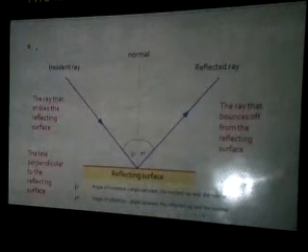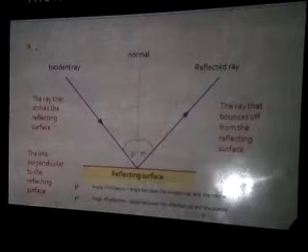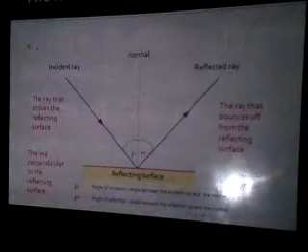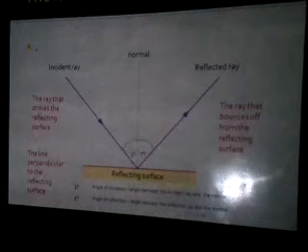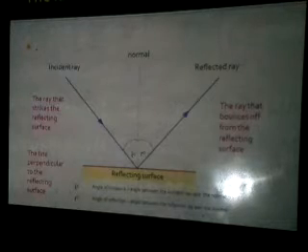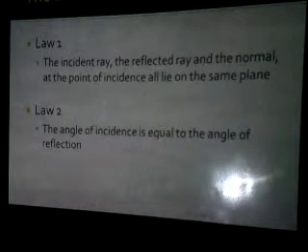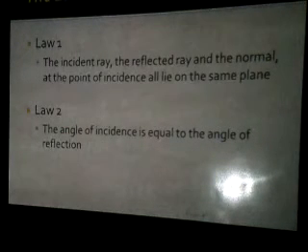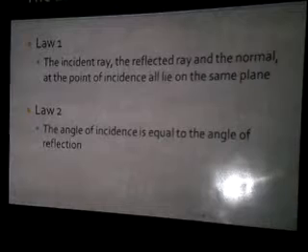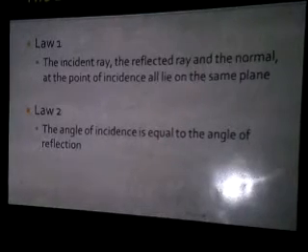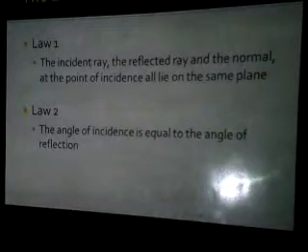So now let's move on to the laws of reflection. The first law of reflection states that the incident ray, the reflected ray, and the normal at the point of incidence all lie in the same plane.